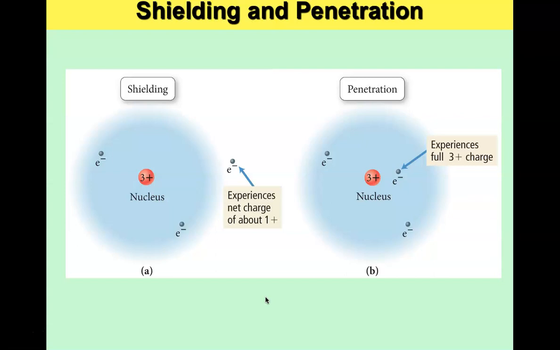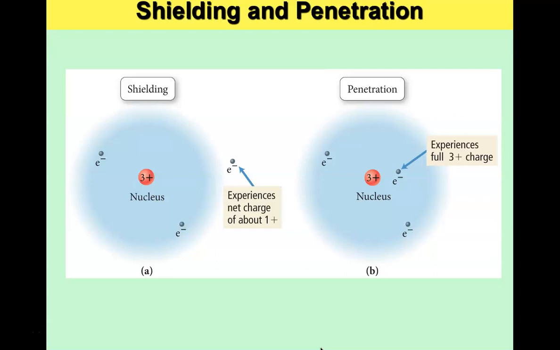The right-hand side gives us this idea of penetration, which we'll talk about coming up, where the outer electrons have the ability to get really close to the nucleus, and then they go back to where they originally are. They're not existing in the same orbital as the other two electrons, because according to the Pauli exclusion principle, only two electrons may exist per orbital, of opposite spin.